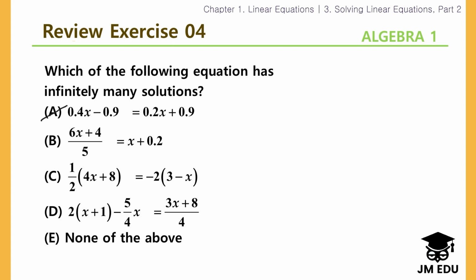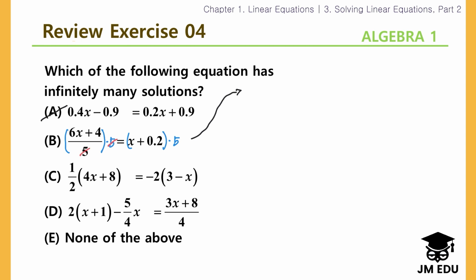Part B, okay, we have 6x plus 4 over 5, right? So let's remove the 5 in the denominator. We're going to multiply all of this by 5, and we have to do the same operation on the right hand side too. So for B, if we simplify this, 5 times 1 is 5, 5 times 1 is 5.